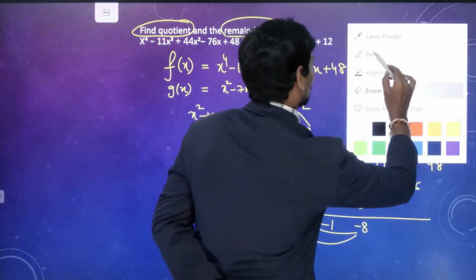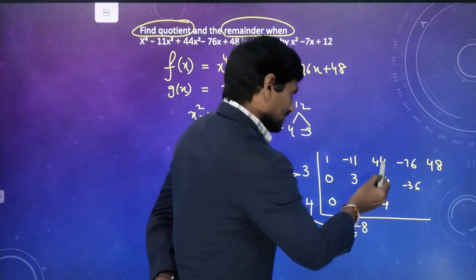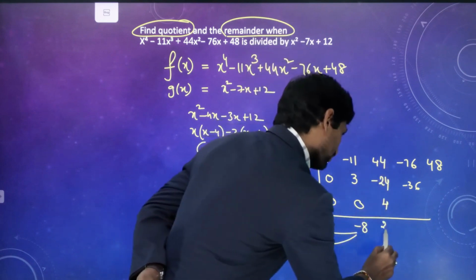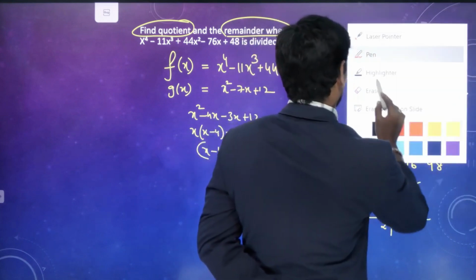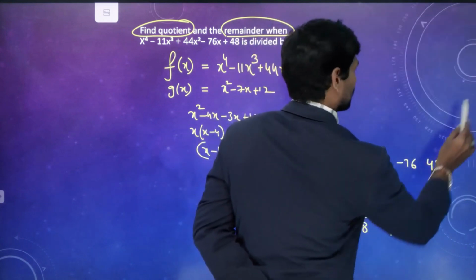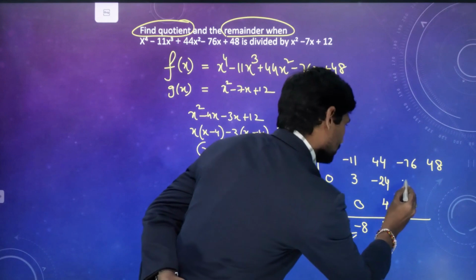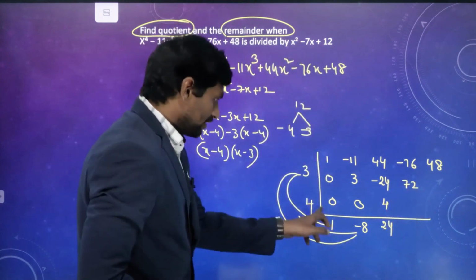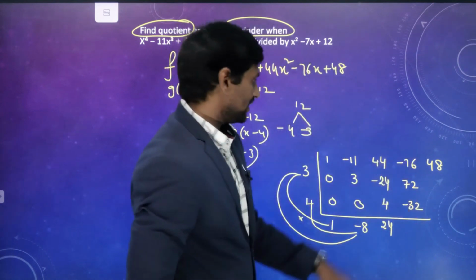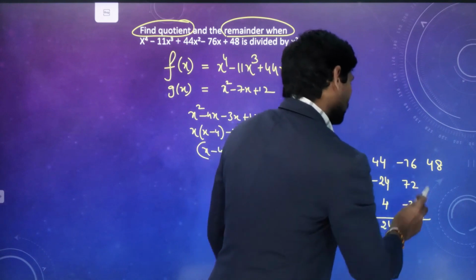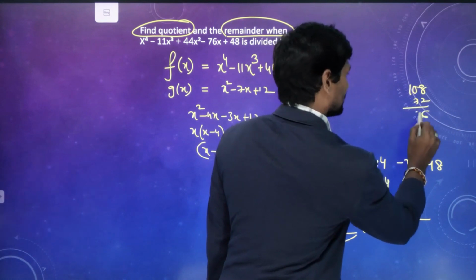Here 4 ones are 4, 4 into 1, 4 we need to take here. So that is minus 20, this is 24. Now 3 twenty-fours are 72. That is plus 72. And 4 into minus 8 is minus 32. This will be 40. So nothing but 70, 108. So 108 minus 72 is 36.